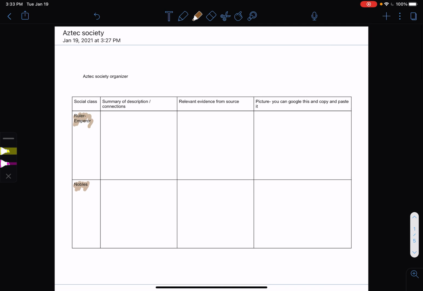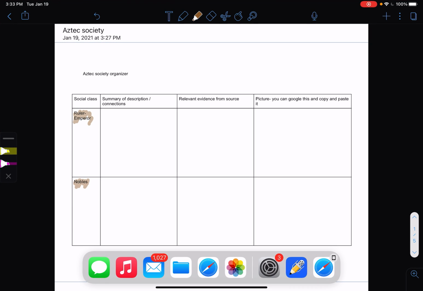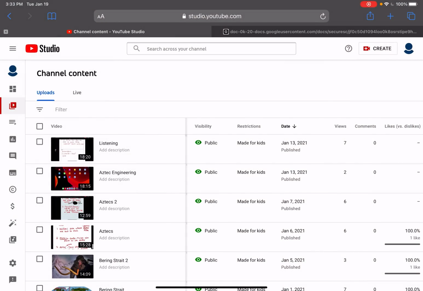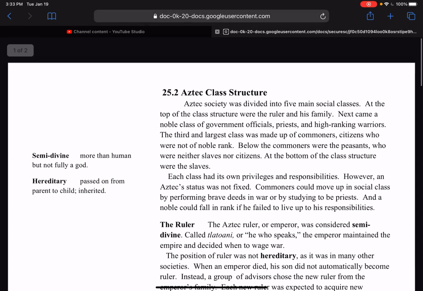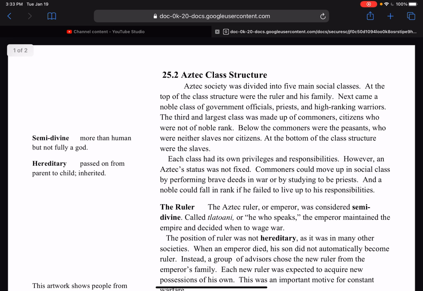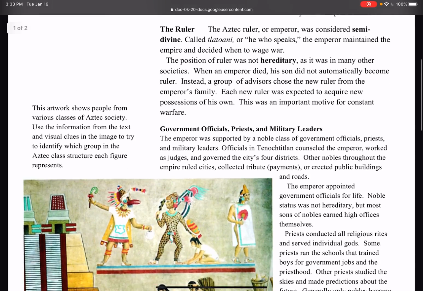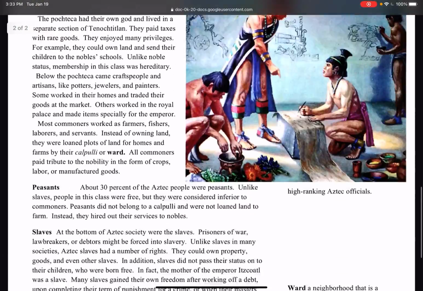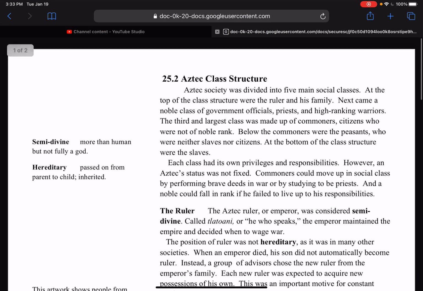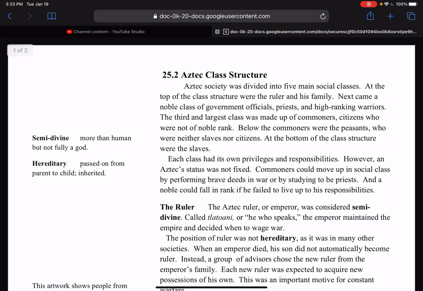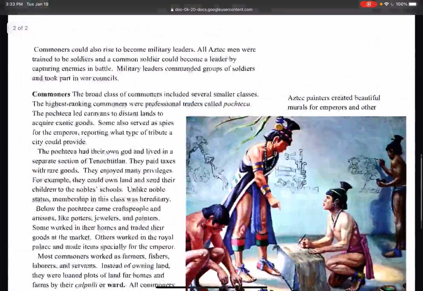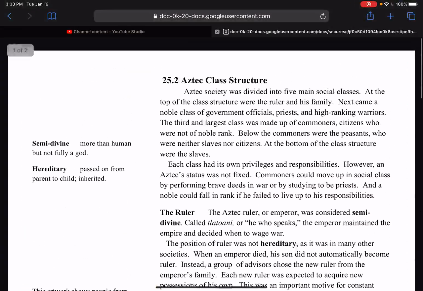So what I'm going to have you do is use this document. It's in Classroom, and I'm going to link it. It's in Drive, I'm sorry, I'm going to link it to Classroom. It's a pretty old document, but it has pretty good information, and also the News LA article that you were supposed to have done on Monday. You can use this document and that document to fill in this chart.